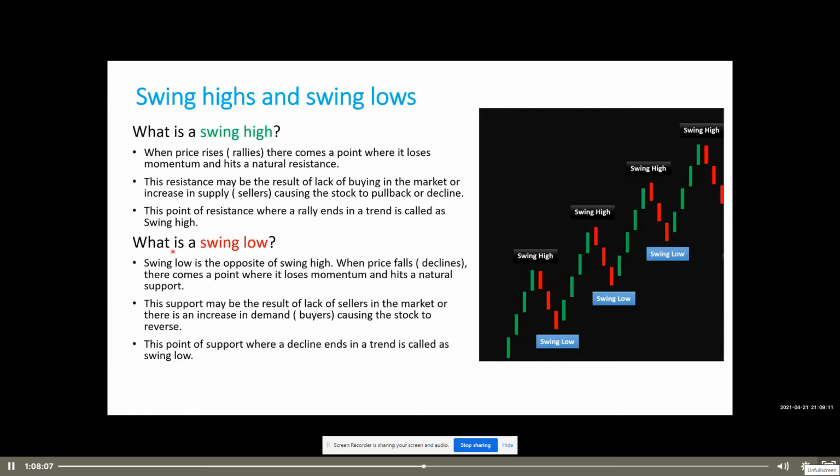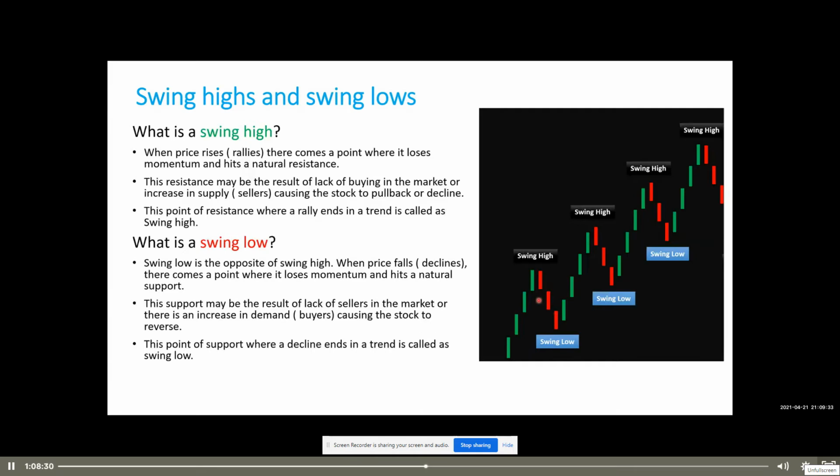So yeah, now we're going to learn about the other thing, swing low. What is a swing low? Swing low is the opposite of a swing high. So when price falls, when stocks keep falling, when they decline, there comes a point where it loses momentum and hits a natural support, right? Now, at some point, whoever was selling is going to run out of sellers.